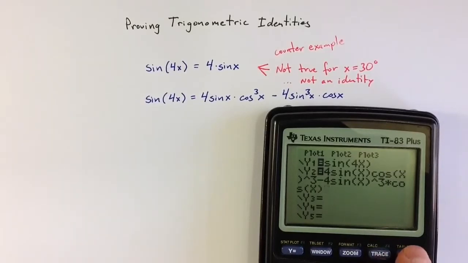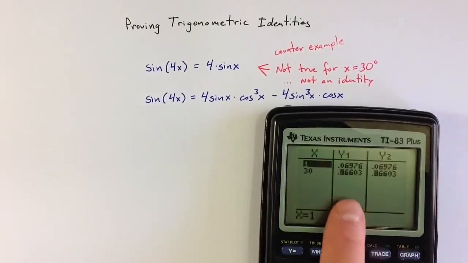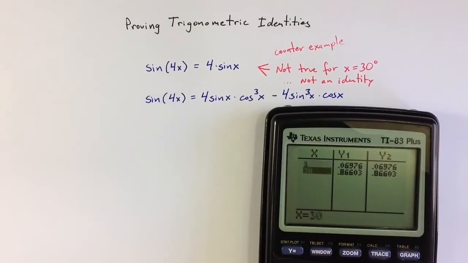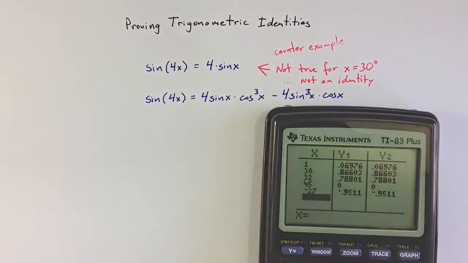Now if we go over to the table, I see that at 30 degrees they are exactly the same. I can type in any other value and I'll see the same thing at 32, at 45, at negative 27. The values are the same on both sides.